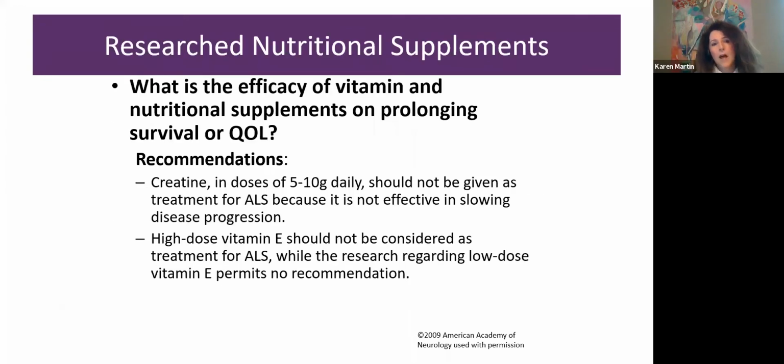And then the other thing that the practice parameters looked at were nutritional supplements, and some of these things were studied in our clinics in Texas, but there was not good evidence that creatine should be used. That was one of the ones that they did not recommend. And then vitamin E, high dose should not be considered, and there was not a recommendation about low dose.